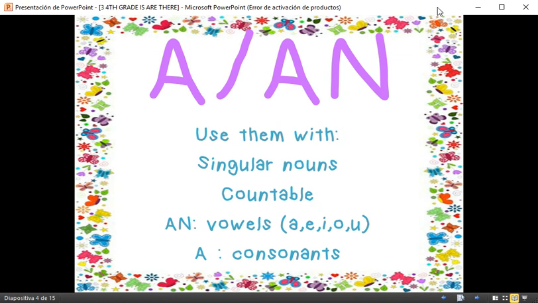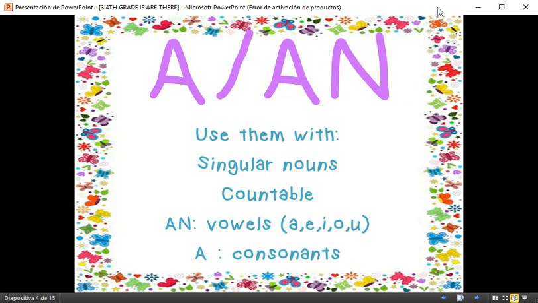The rest of the alphabet, except the vowels, okay? So remember once again, A or an are only for singular nouns and countable. An for vowels and A for consonants.